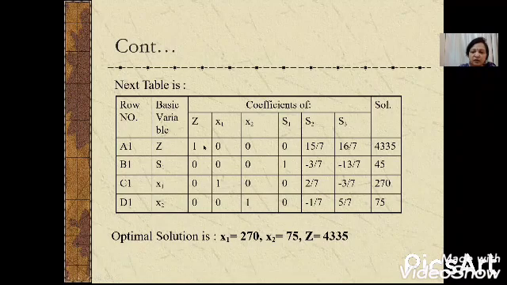So we have reached the optimal solution, and here the basic variables are s1, x1, x2, and from this table it is clear that x1 is 270, x2 is 75, and corresponding to these values of x1, x2, Z is 4335. So in this way we can use the simplex method to solve the linear programming problem.